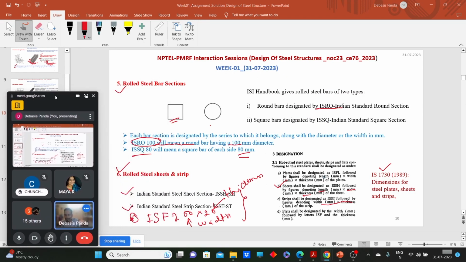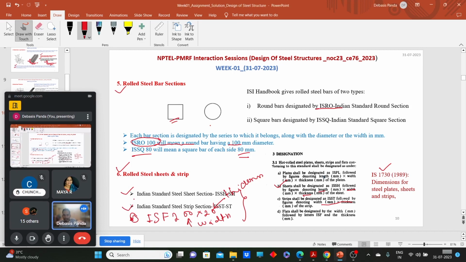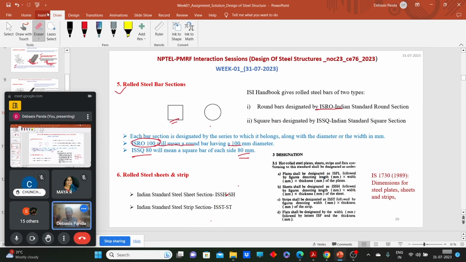In this slide you can see, and I have also added some screenshots for these sections. As per this code we have generally three sheet sections, flat sections actually. Firstly ISSH, that is Indian Standard Sheet section, and ST, that is Indian Standard Strip sections. For the sheet section, we need to specify the length of the sheet.